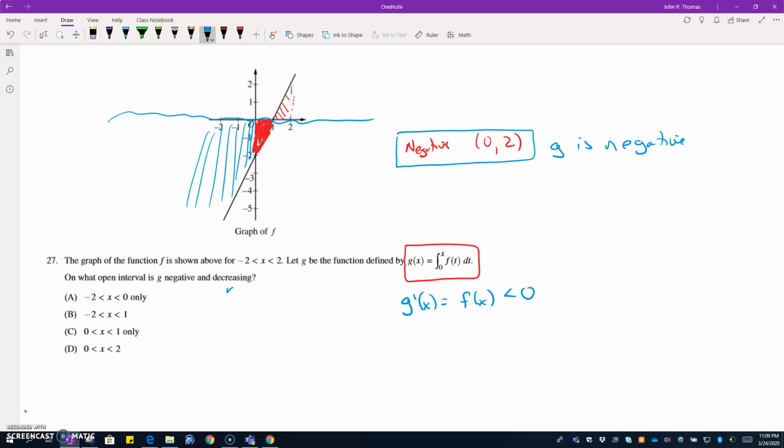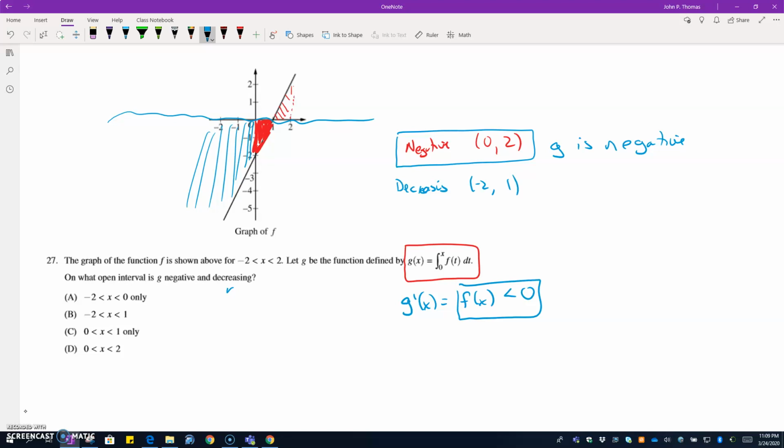So I need anywhere on this graph where it's below that, which is going to be from our negative 2. So we're going to say decreasing from negative 2 all the way up through 1, because those are the places where f of x, the actual graph function, is below 0.